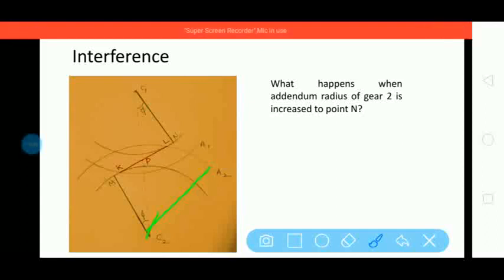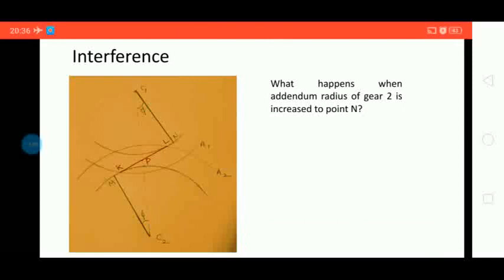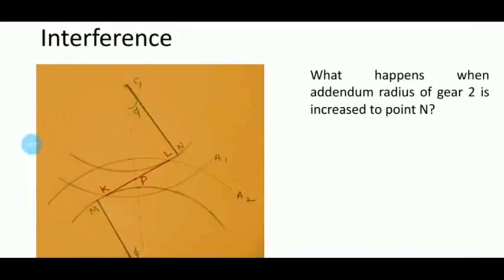So what is N? You know that N is a point on the base circle. What you have to understand is M and N are points on the base circle. And what is the base circle? Where the tooth profile starts. K and L are not points on the base circle. Maybe in our diagram you may feel so, but it is not so.